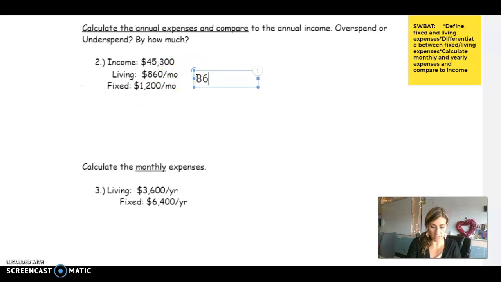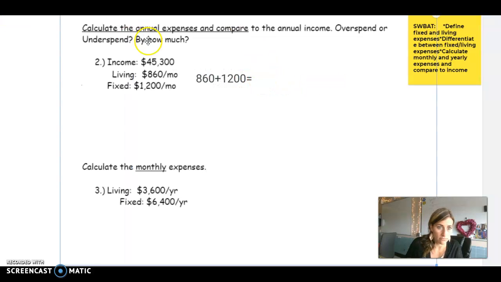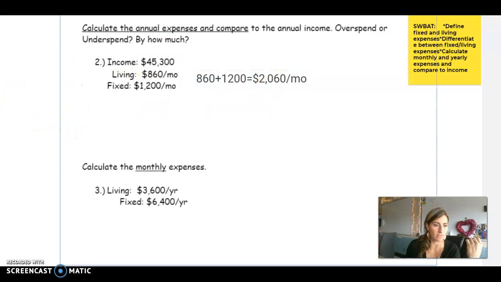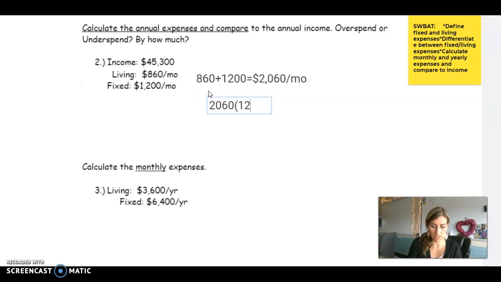I have $860, and I'm going to add that $1,200 to that to figure out how much this person is spending out. That is $2,060 per month. And again, the income is per year, so let's multiply that by 12, because it's asking for the annual. So 2060 times 12.